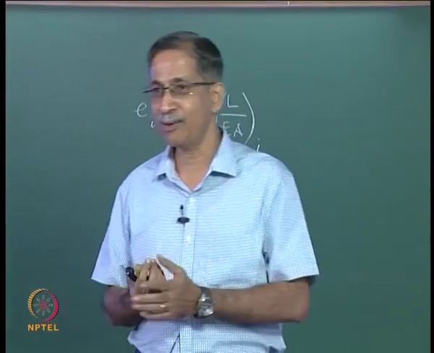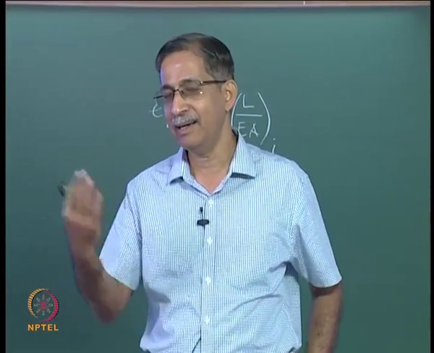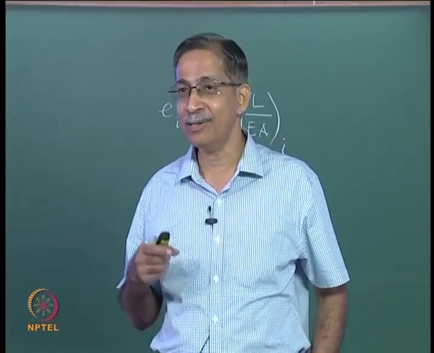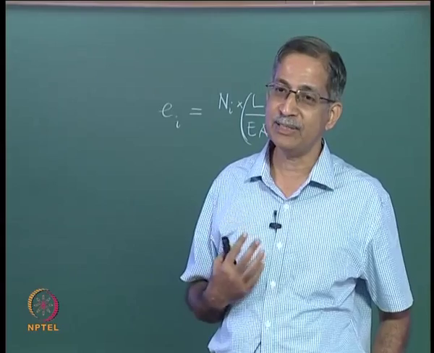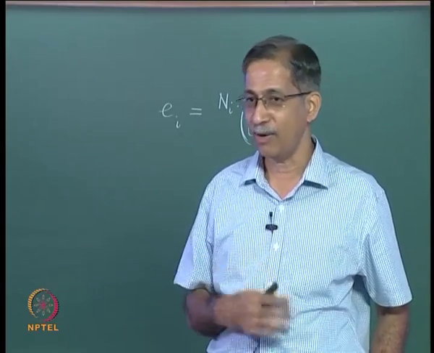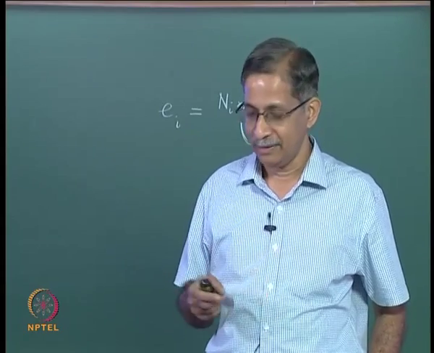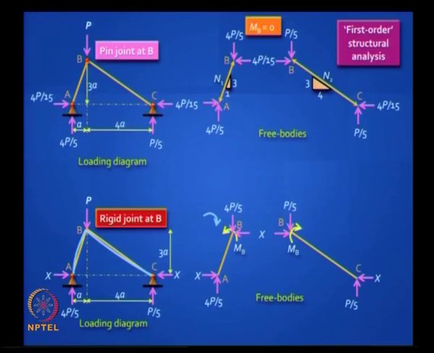So what is the conclusion that you draw from this? Though the rigid joint has the potential to transmit a bending moment across the joint, in this particular instance that bending moment cannot be transferred, it just will not work out, the bending moment is actually going to be 0.